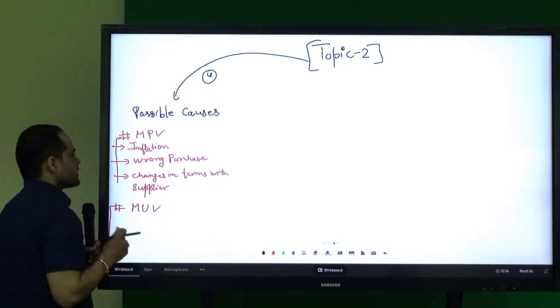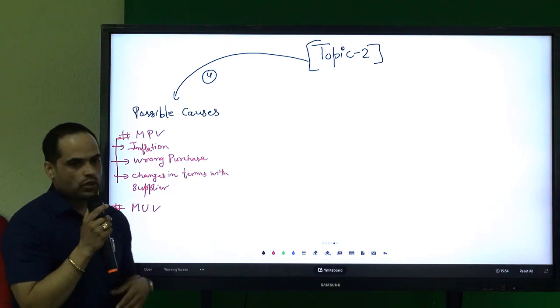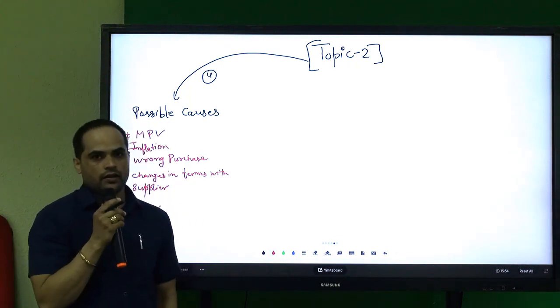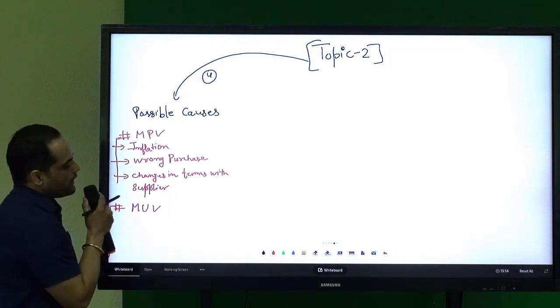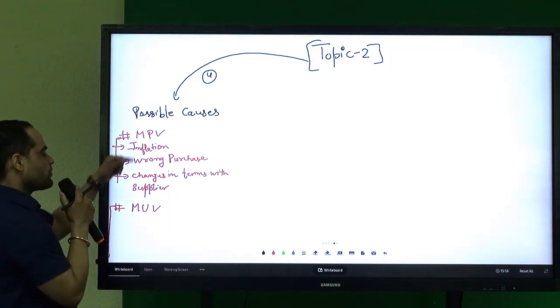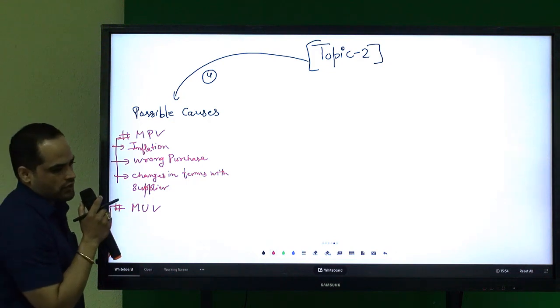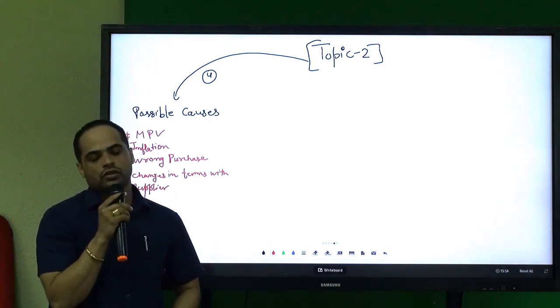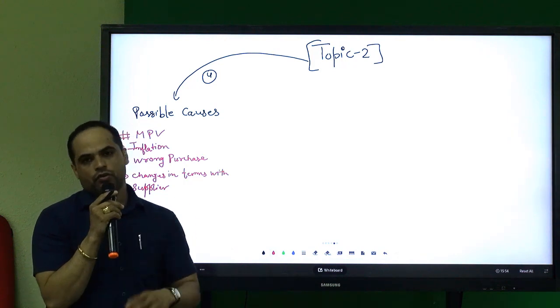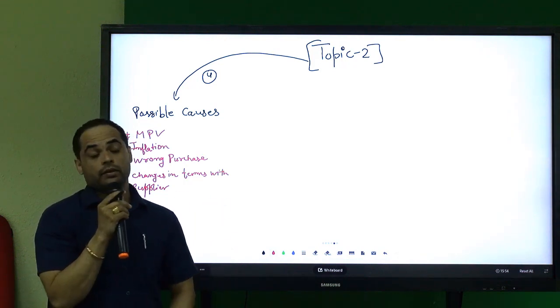Let's start with the material price variance. What are the reasons that we are paying more than our expectations? The first reason could be inflation, any kind of market changes. As a result, the price that we are paying also changes, so the gap could be unfavorable.